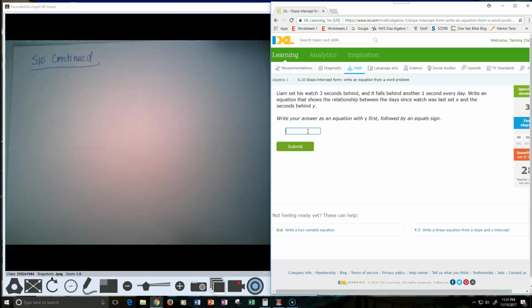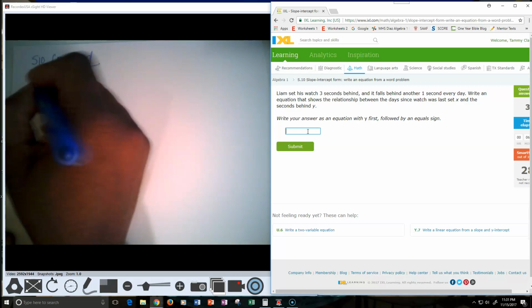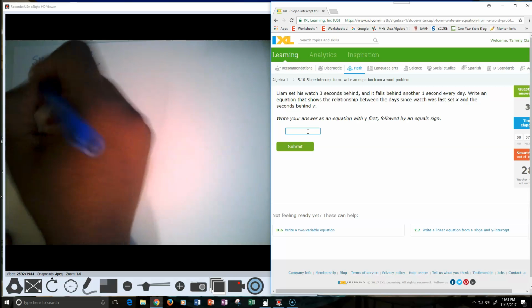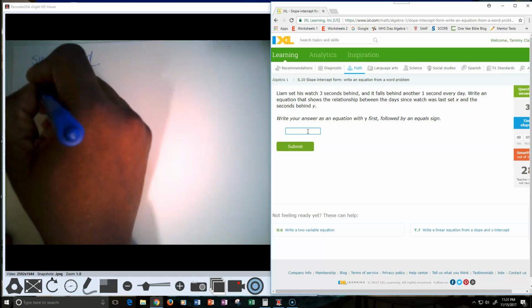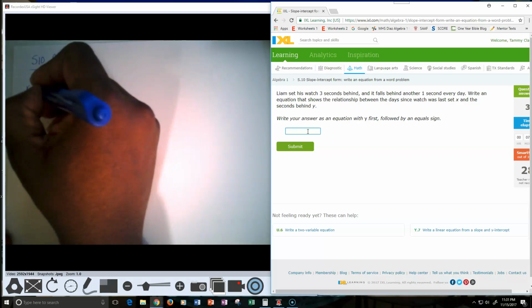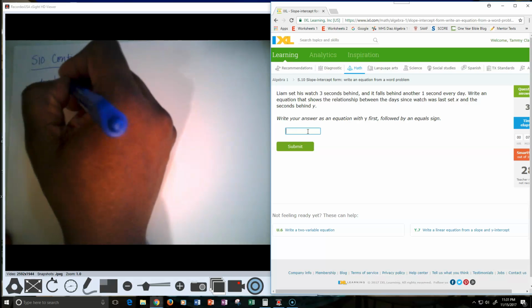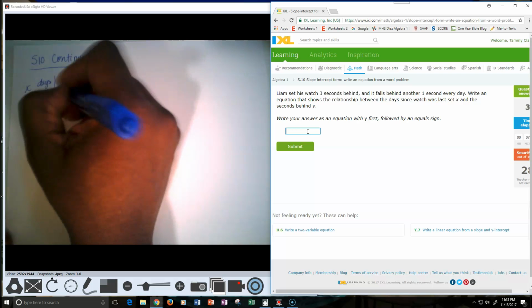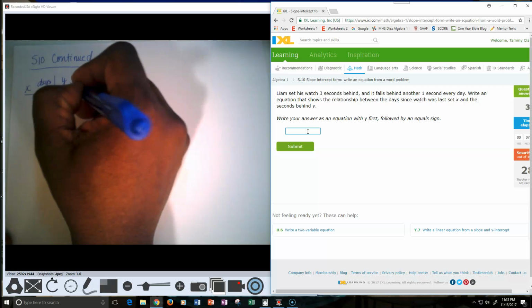Write an equation that shows the relationship between the days since his watch was last set, X, and the seconds behind, Y. So X is the days since he last set his watch, and Y is the number of seconds that his watch is behind.